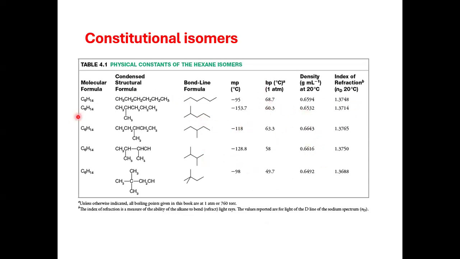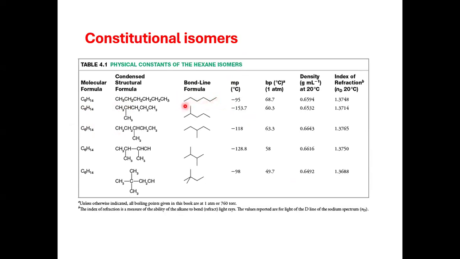For C6H14, for instance, you have 6 carbons. You can have a straight chain, where carbon 2 is bonded to carbon 1, carbon 3 to carbon 2, 4 to 3, 5 to 4, and 6 to 5.